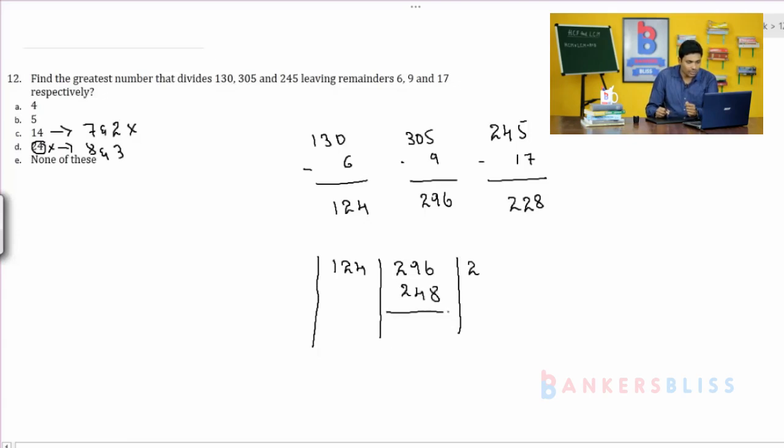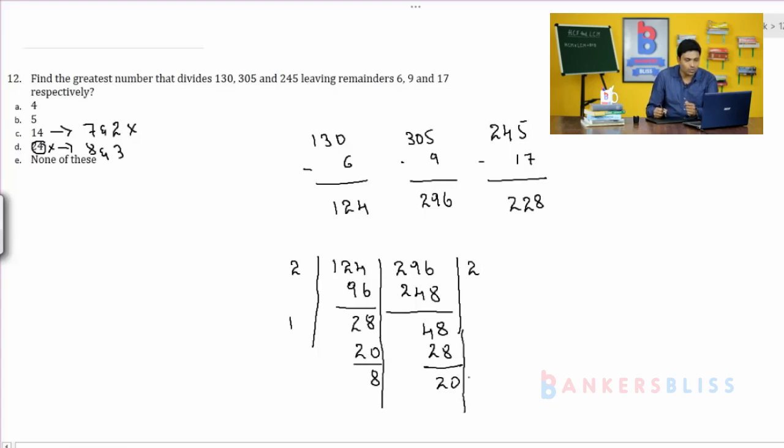If you subtract, then 48 you will get. 48 2s are 96. 48 3s would be more than 124, so 2s, you do 96. If you subtract, then you will get 28. Next, 28 1s are 28. You will get the remainder as 20. So 20 1s are 20. So you will get the remainder as 8.